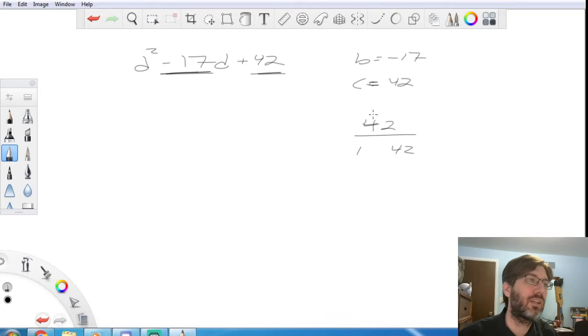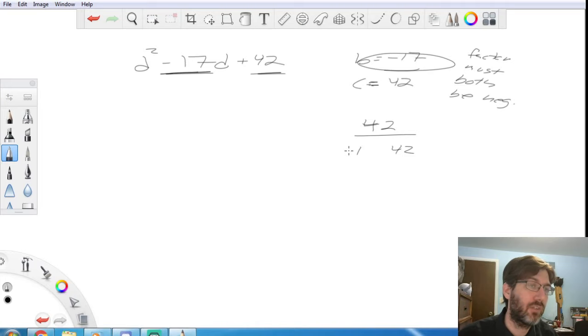So in this case, because b is negative, I'm looking at this b is negative sign here, that means my factors must also both be negative. So the factors must both be negative.